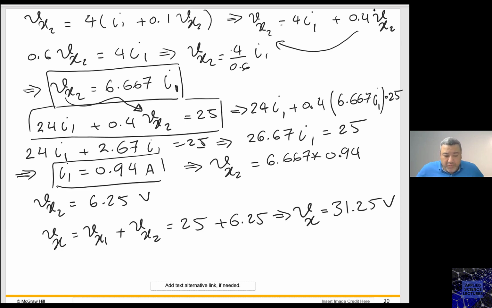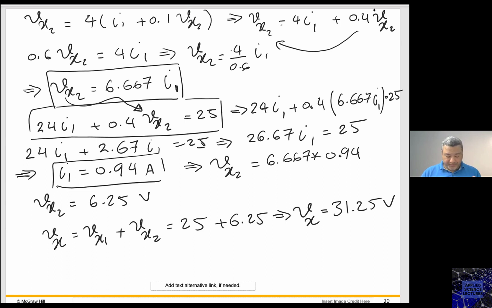Okay, so this is how we solve the superposition. In this superposition example, we used nodal analysis and mesh analysis, because we still had a dependent source that really requires a more advanced technique than just Ohm's law or Kirchhoff's laws.